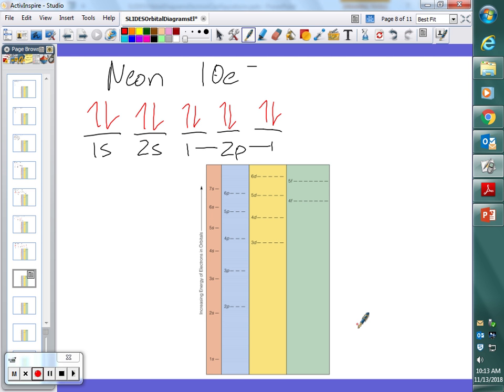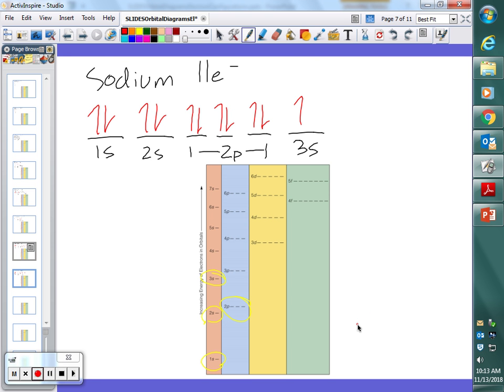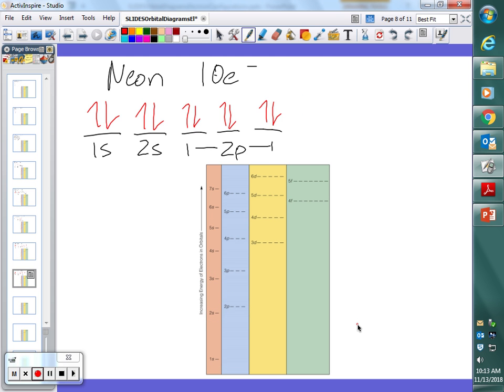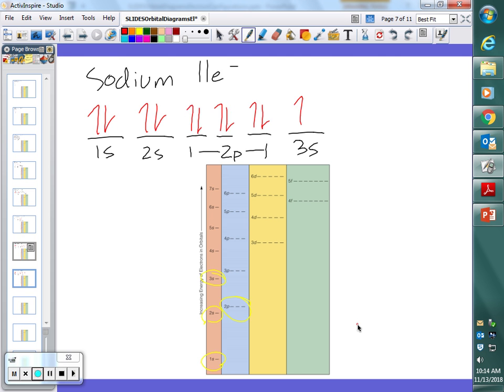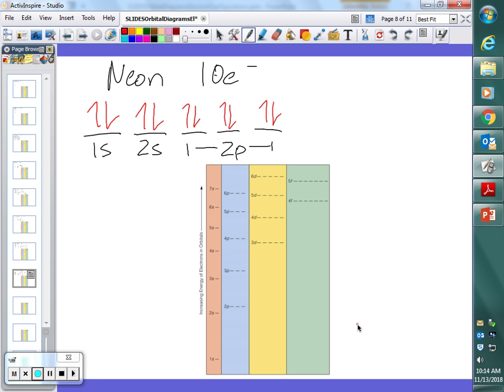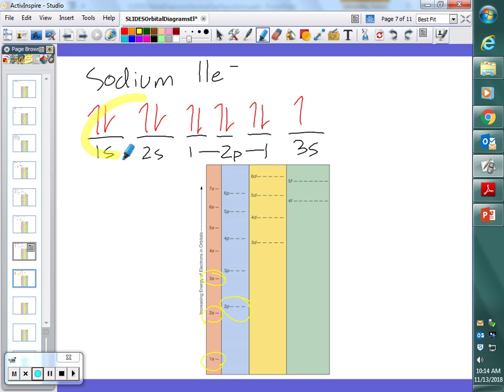Okay, Ethan, let's talk about why we can do this. Here is my orbital diagram for neon. Here is my orbital diagram for sodium. What are you noticing about the first 5 orbitals? They look exactly the same. So all of this and all of this are exactly the same.